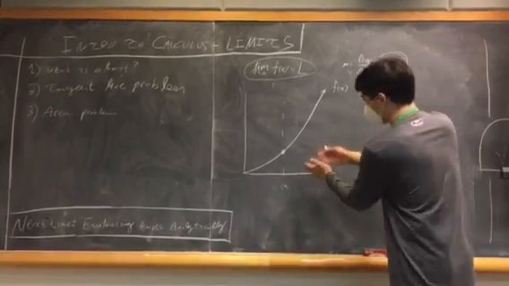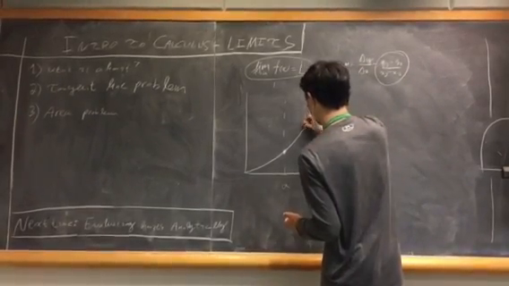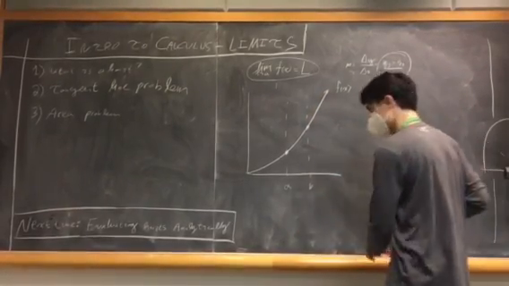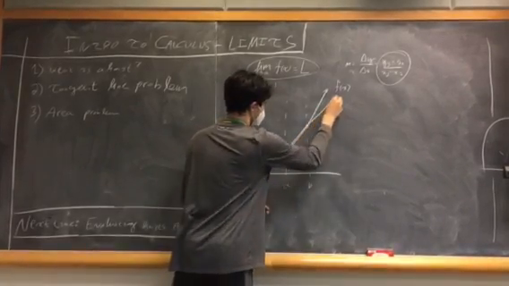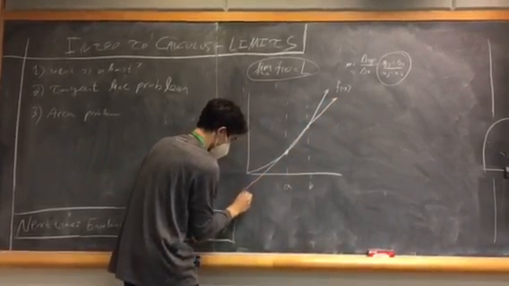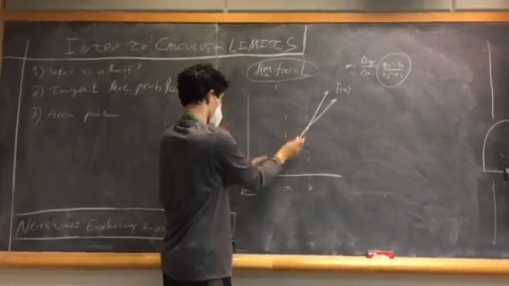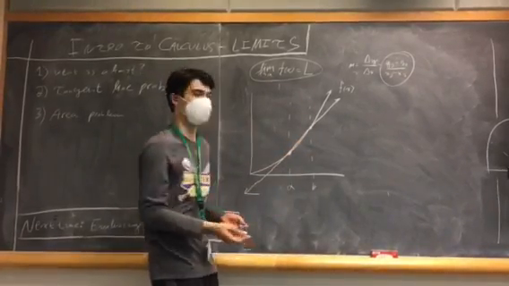So we can approximate the slope of the line at point A by adding a point here, B. Then, when we draw the line through that, this is an approximation for the slope of the line at x equals a. But this here isn't a great approximation.